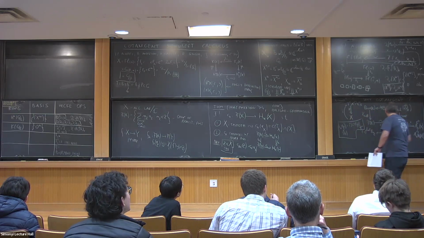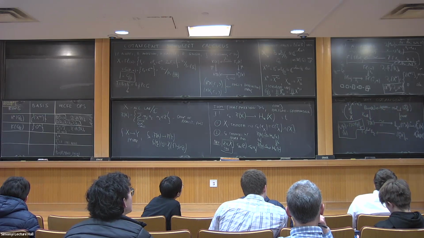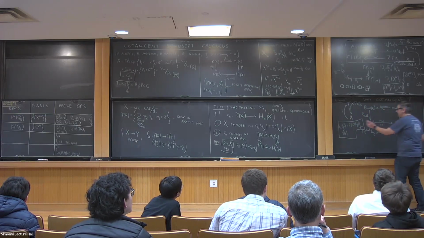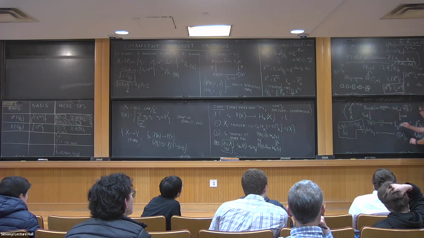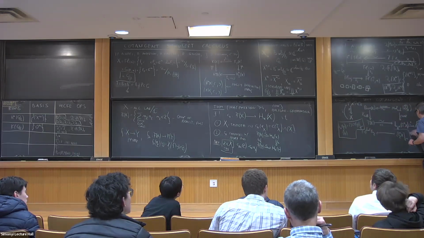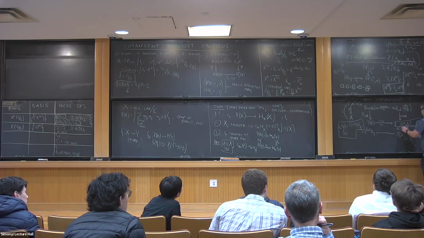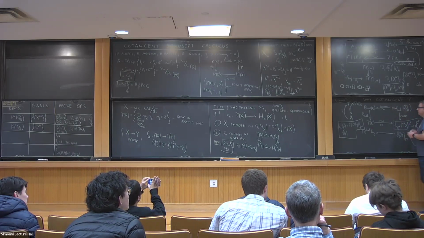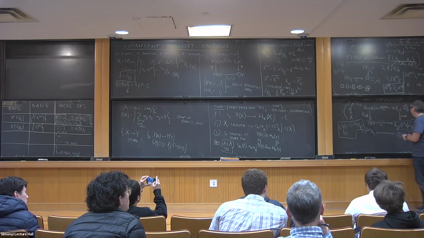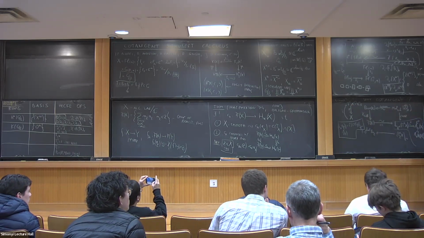So what is this characteristic cycle? This characteristic cycle, in fact, is a Lagrangian cycle inside the cotangent bundle. So this is this part of the picture here. The cotangent bundle is a symplectic variety. There is a notion of Lagrangian cycles in there.